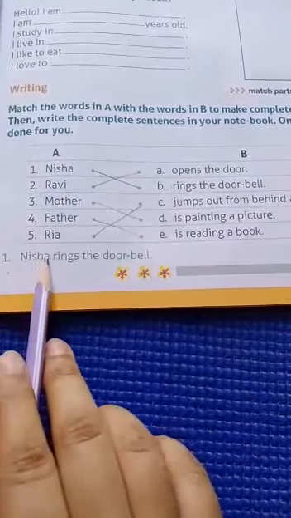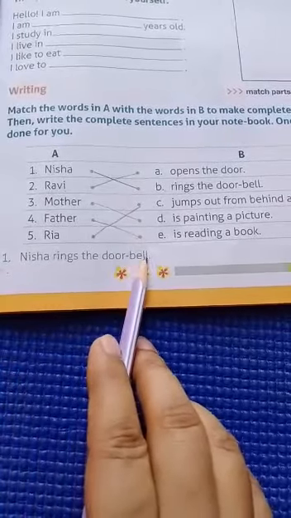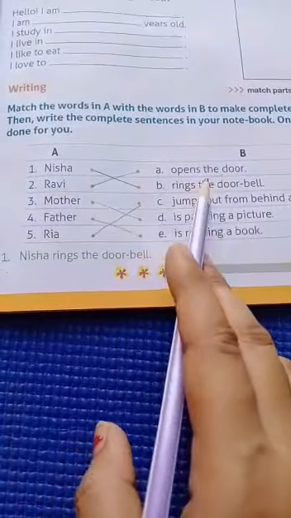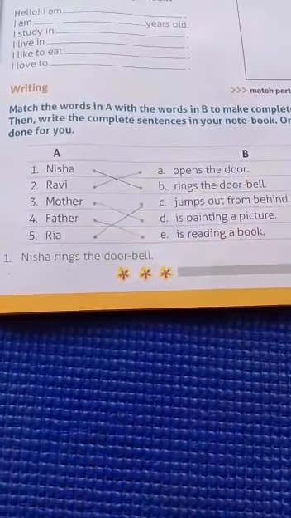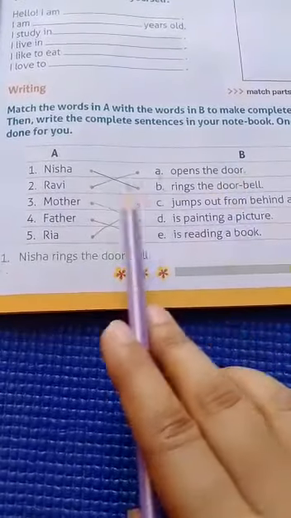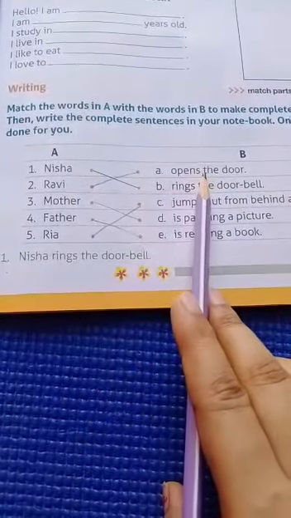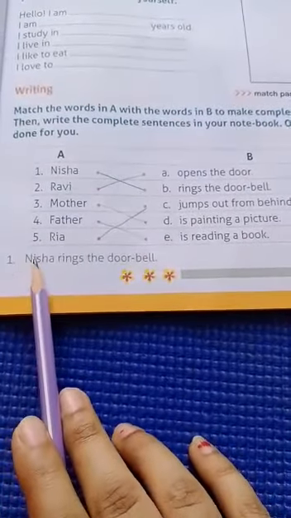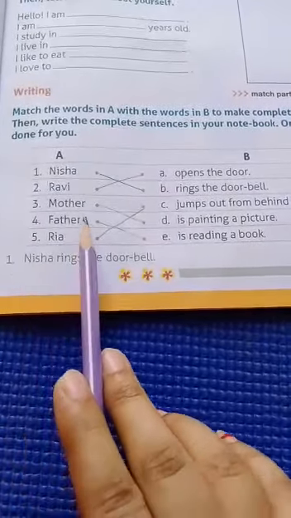Sentence number 1 is Nisha rings the doorbell. Number 2, Ravi opens the door. The sentence is complete here. You have to write down number 2 here, just after that in your notebook.